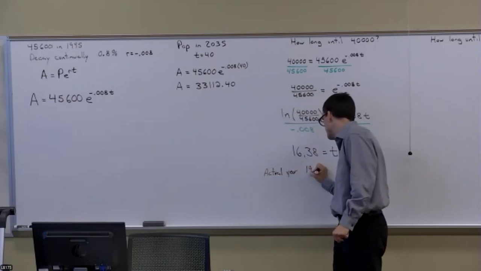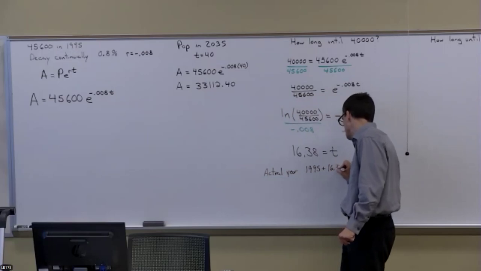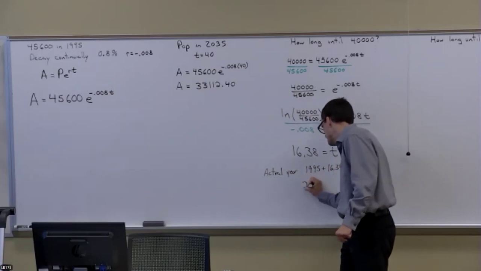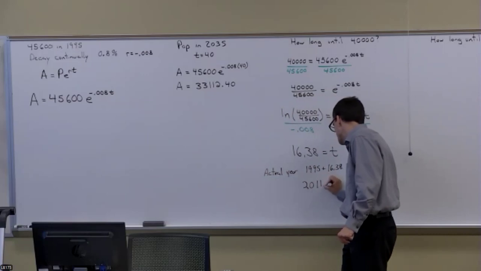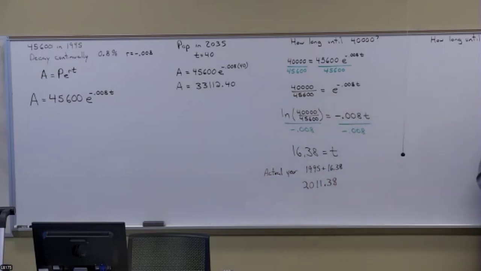And if we want the actual year, all you do is take your 1995 and add that 16.38. That is 2011.38. So sometime right during the year 2011 the population is 40,000.